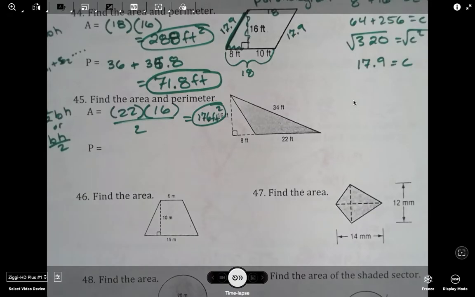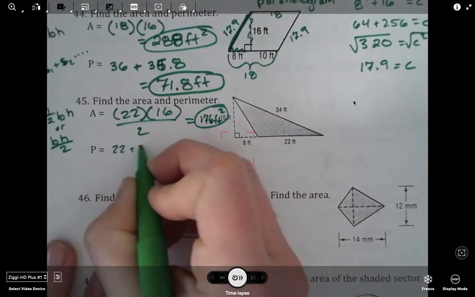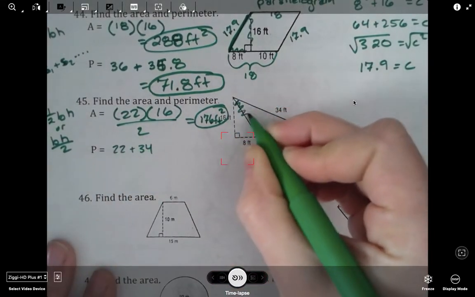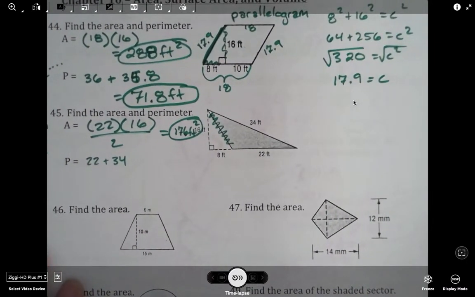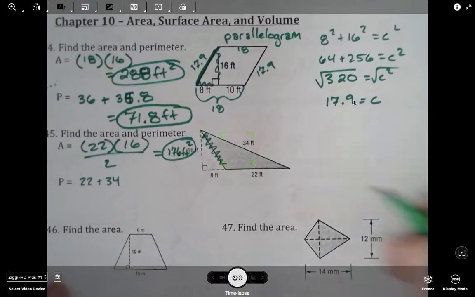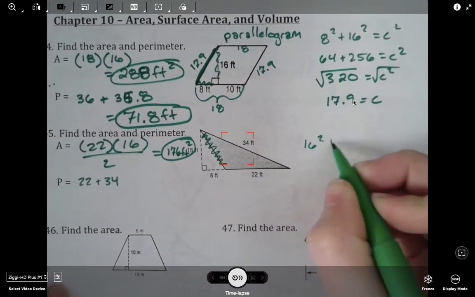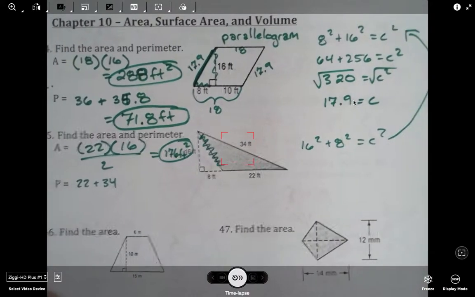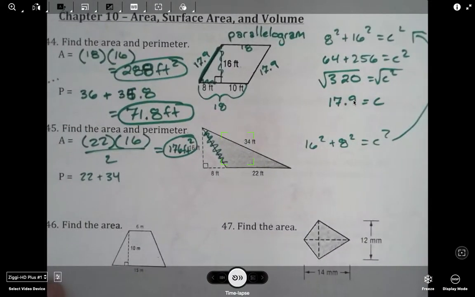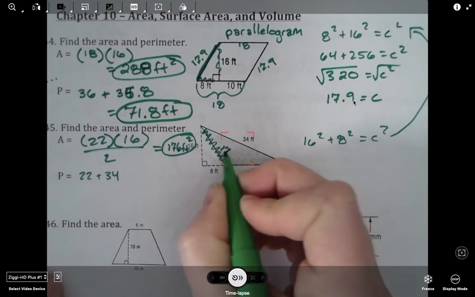Okay, perimeter. I have 2 of the sides. I have 22 and 34, but I don't have this one. So 16 squared plus 8 squared, and that's C squared, right? We got it. 17.9.